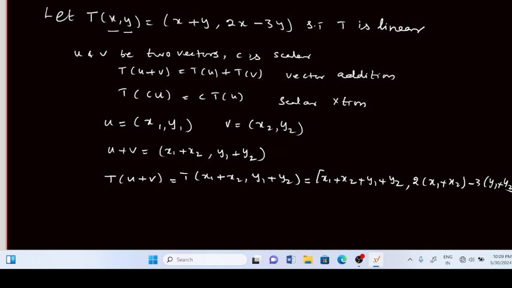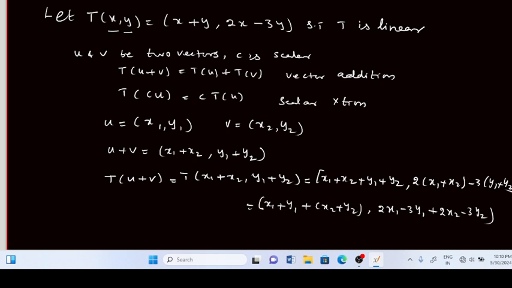So we can write this as (x1 plus y1) plus (x2 plus y2), comma, 2 times x1 minus 3 times y1 plus 2 times x2 minus 3 times y2.